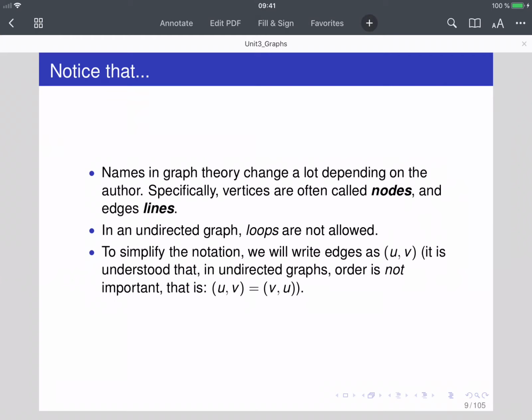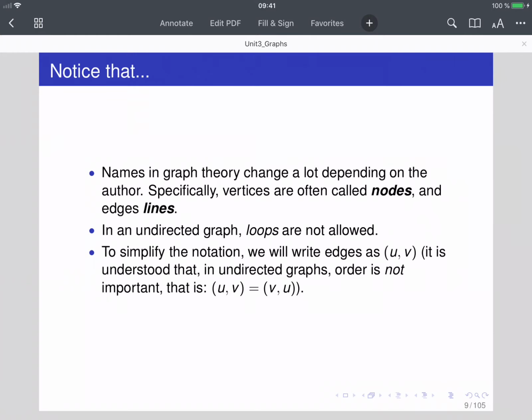We are going to stick mainly with vertices and nodes, but you can find other names in the literature. And edges are sometimes also called arrows or lines. So if you read a book on graph theory, please take into account that the names can be different.